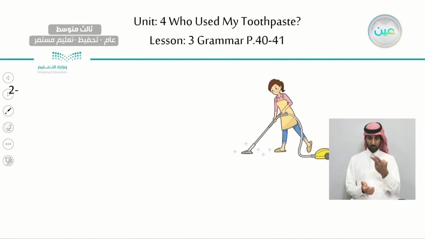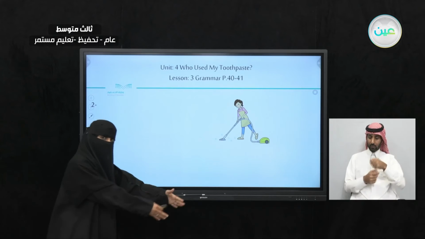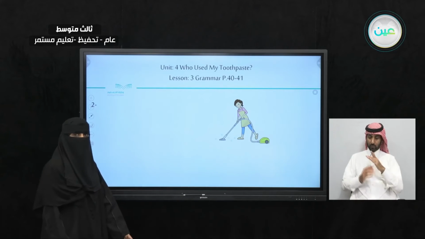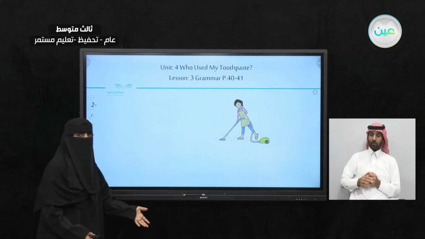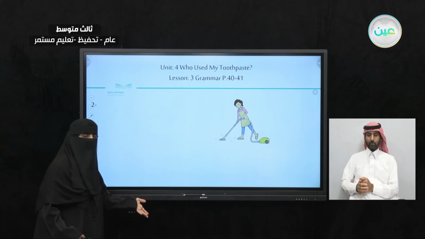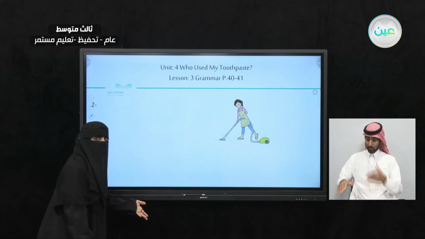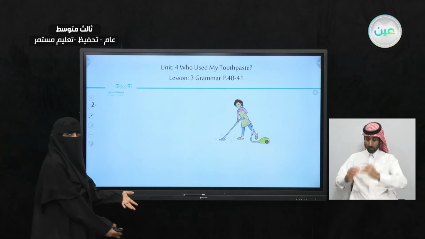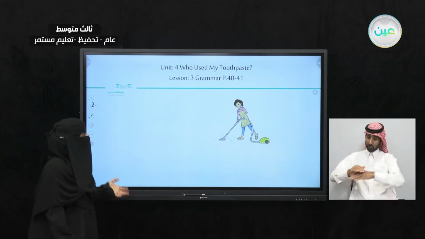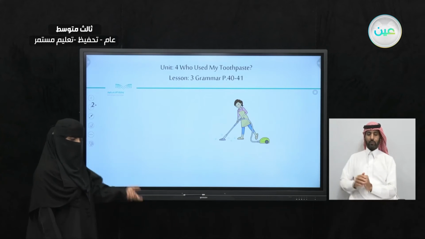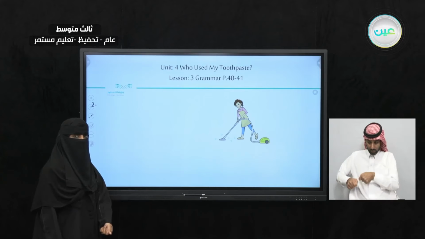Let's look at number 2. What is she doing? I think the picture on your book is different. We can see a vacuum and it's near the bed. So what can we say? Have you cleaned under the bed? We're asking about under the bed, looking at the picture, and we're asking about whether she's already vacuuming the room, right?